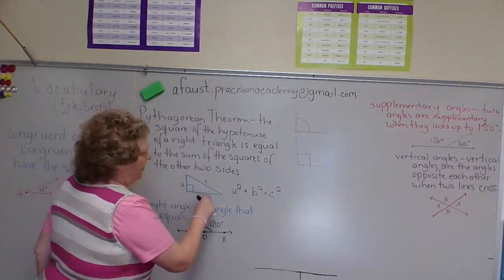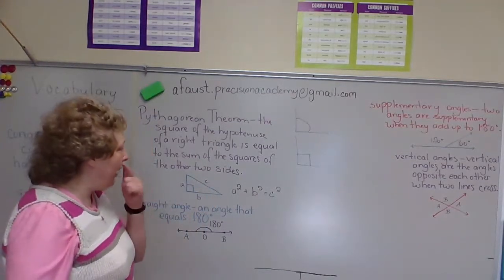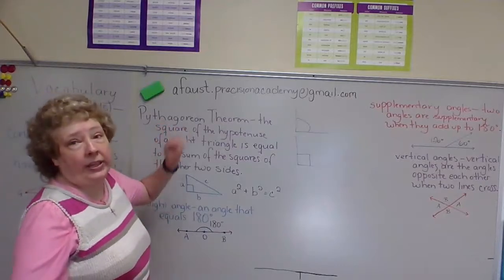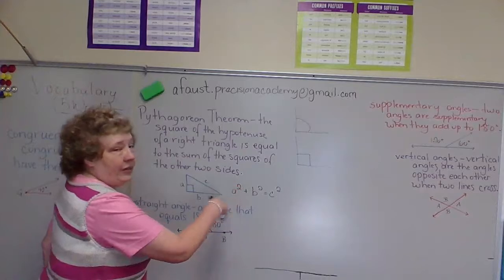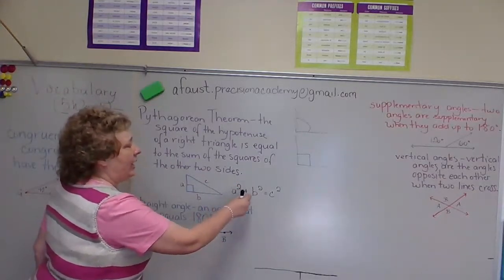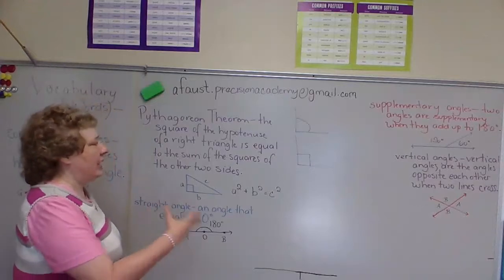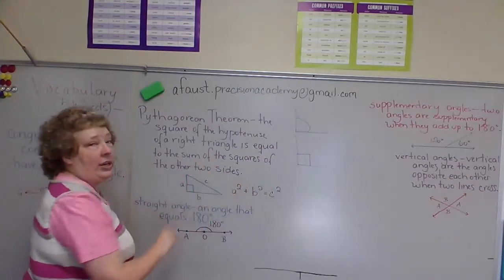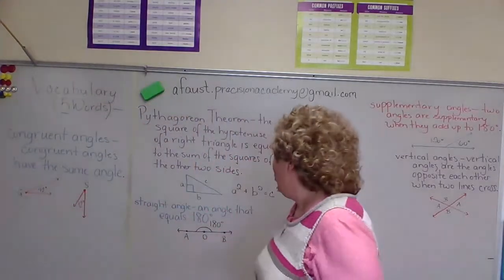Okay, so we have A and B will equal the C. So when you have a Pythagorean problem, you would have numbers, you could fill it in, have an A and a C, and you would find the B. Okay, so that's what you would do with this equation. Questions? No? Okay, then we're ready to move on to straight angle.